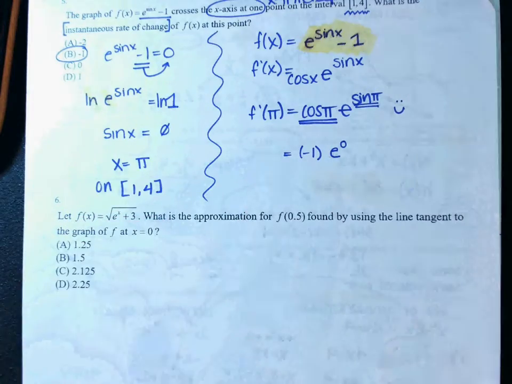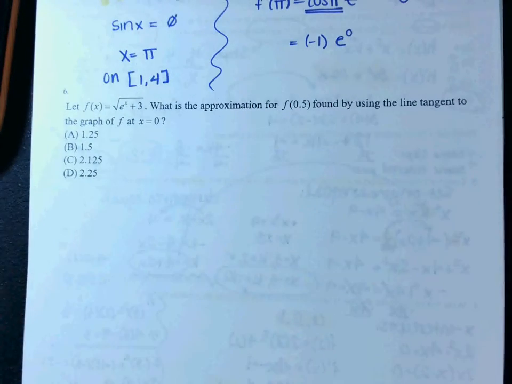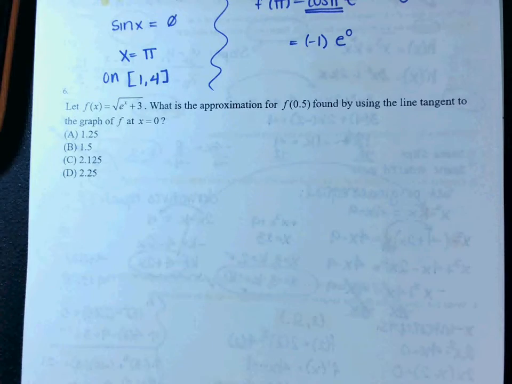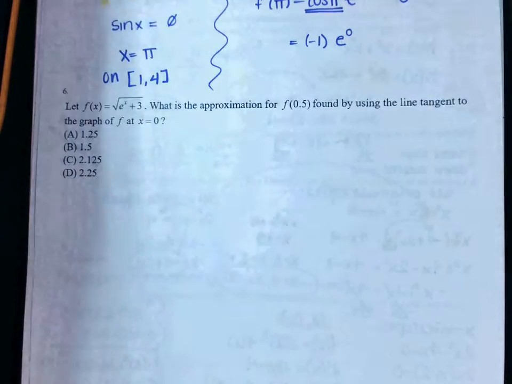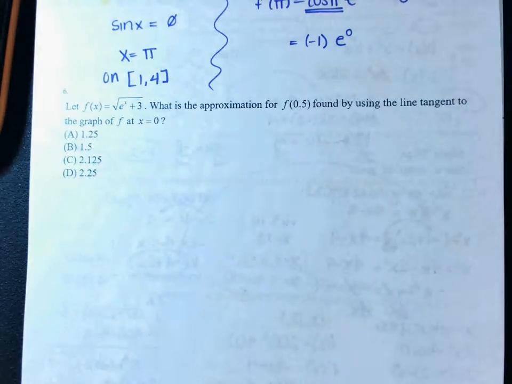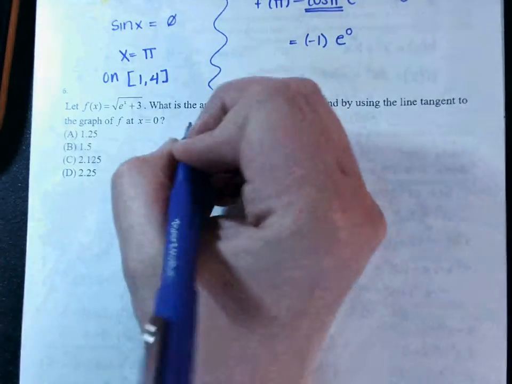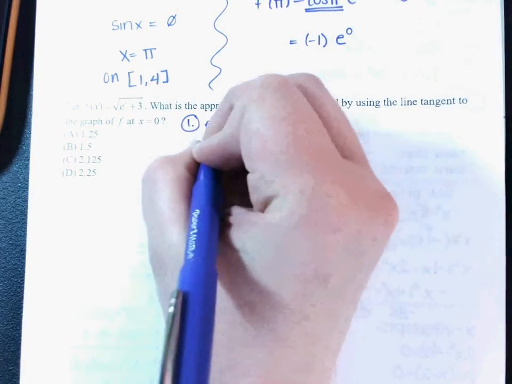Alright, go down to number 6. Read it. What are they asking you to do? What is the approximation for f of 0.5 found by using the tangent line to the graph of f? They want you to find the tangent line and plug in 0.5.